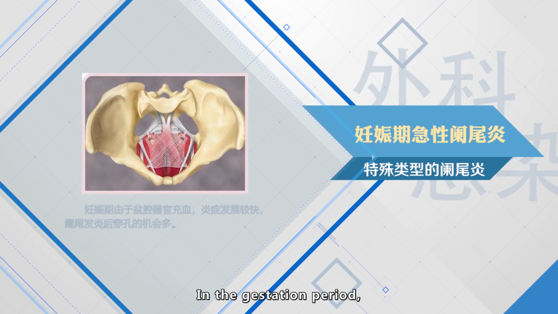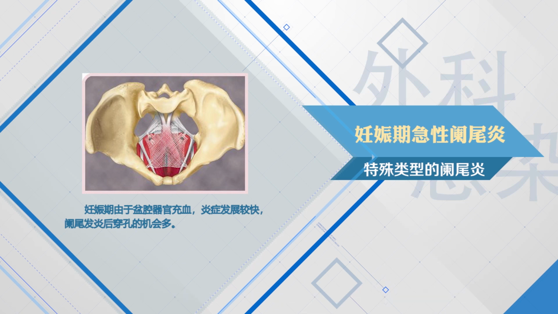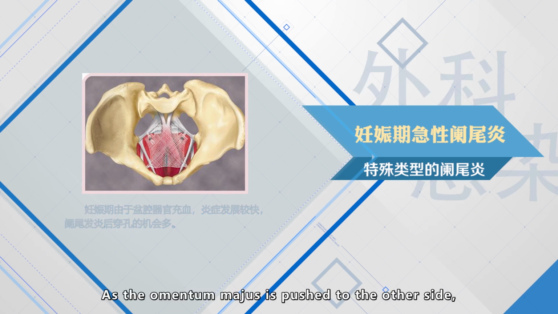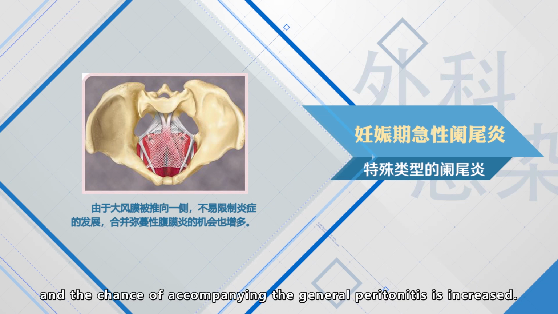In the gestation period, the inflammation would develop rapidly in the case of hyperemia of the pelvic organs, and the chances of appendix perforation after the inflammation are high. As the omentum majus is pushed to the other side, it would be difficult to localize the inflammation, and the chance of accompanying general peritonitis is increased.